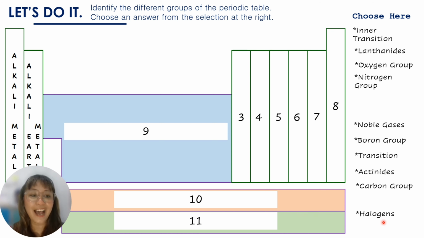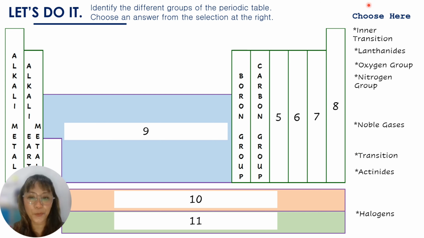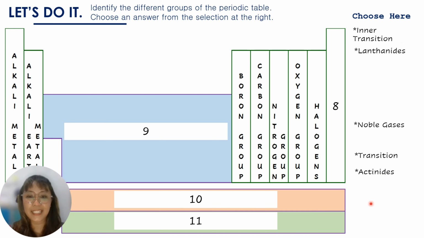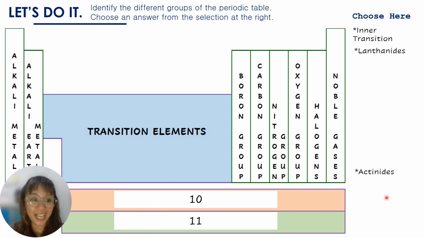it is alkaline earth metals. Number 3, the answer is boron group. 4, it is carbon group. 5, nitrogen group. 6, it is oxygen group. 7, it is halogens. 8, they're noble gases. 9, the transition elements. 10, the lanthanides.